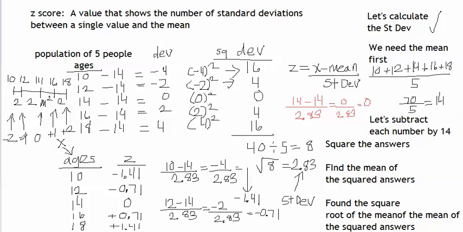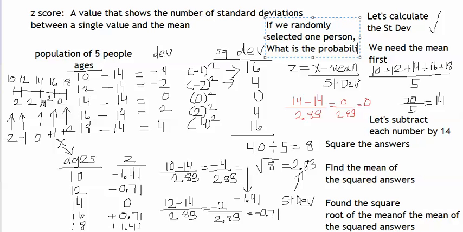So what if I said, if we randomly selected one person, what is the probability of getting someone with a z-score below -1?